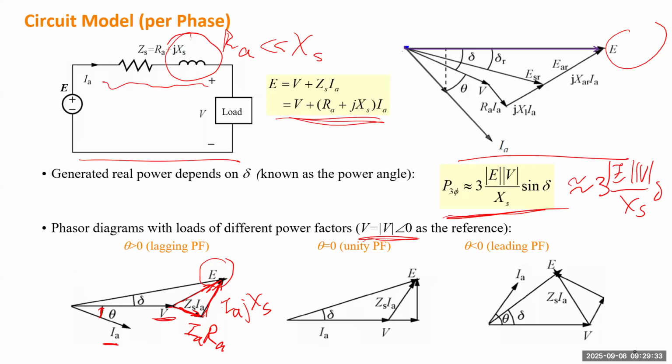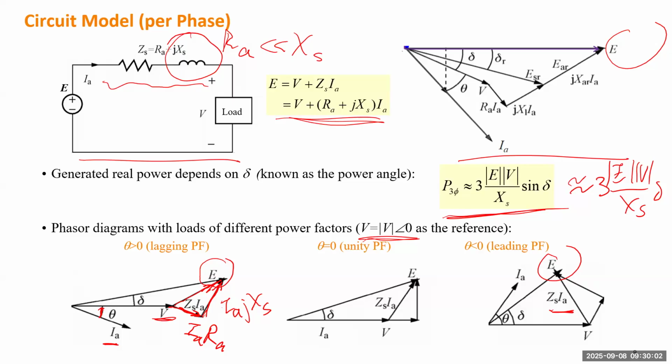So we turn this triangle further by some angle theta. This one will be the voltage drop of the internal impedance. So in the triangle, we have E for this case, which definitely is leading the voltage, because for this case we still assume the generator can generate active power. But the voltage can be shorter than V.